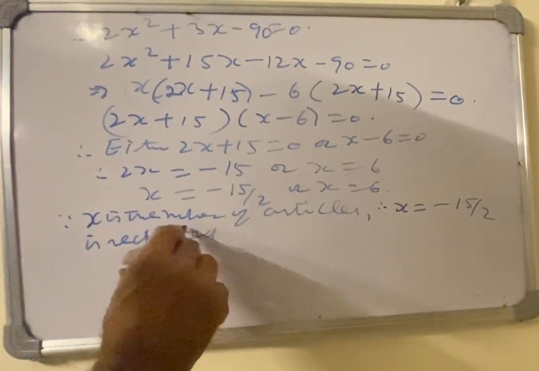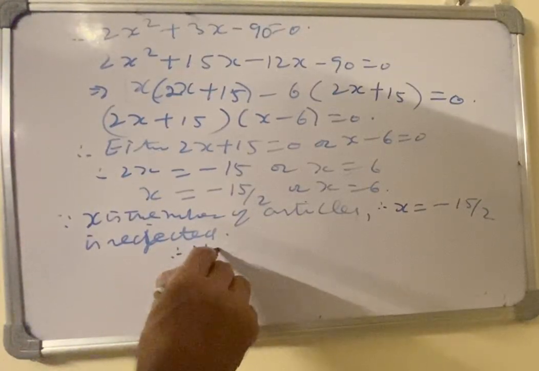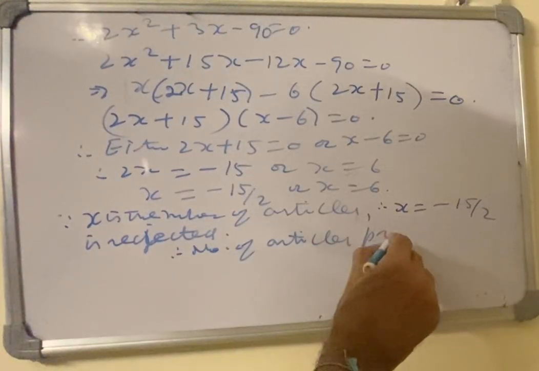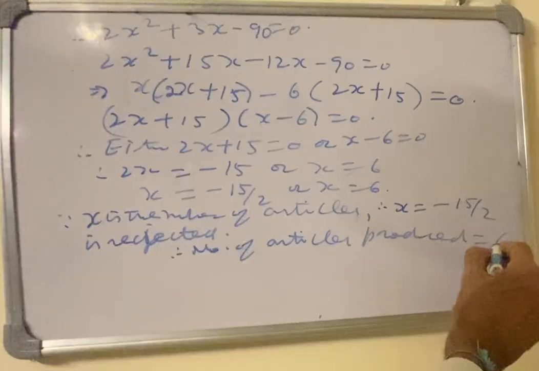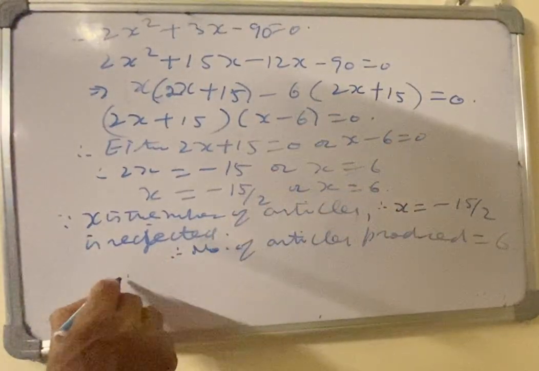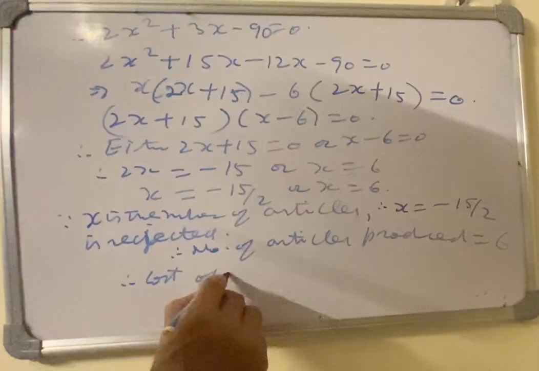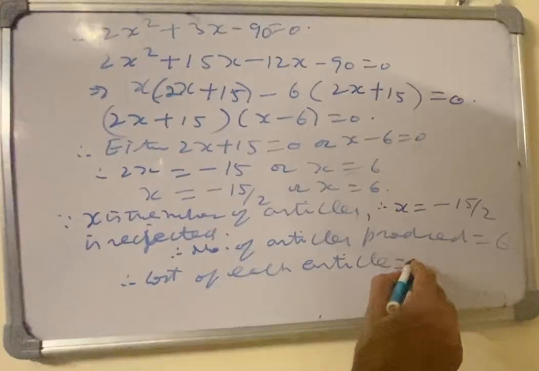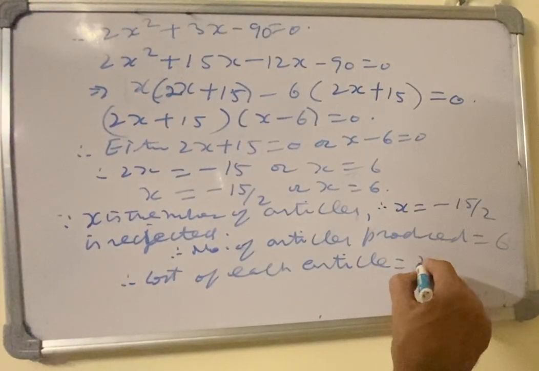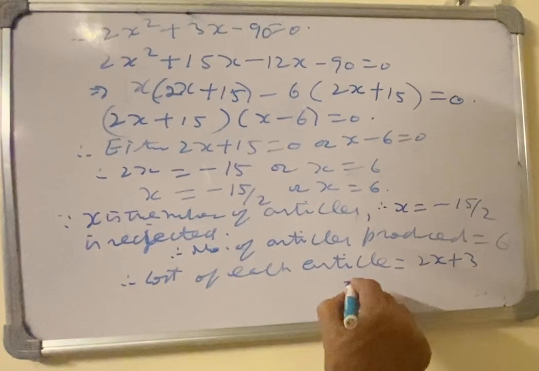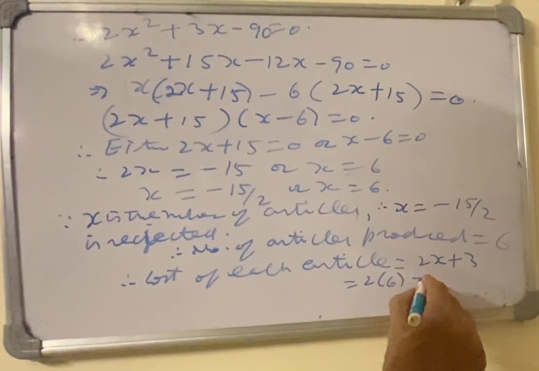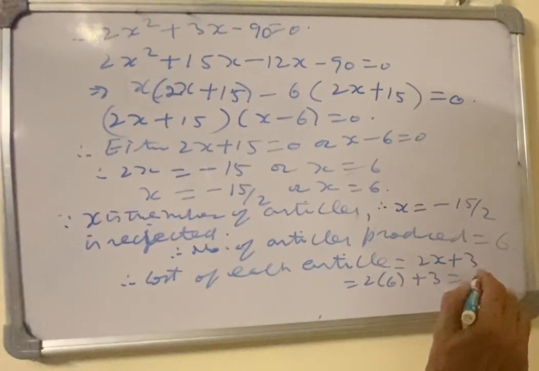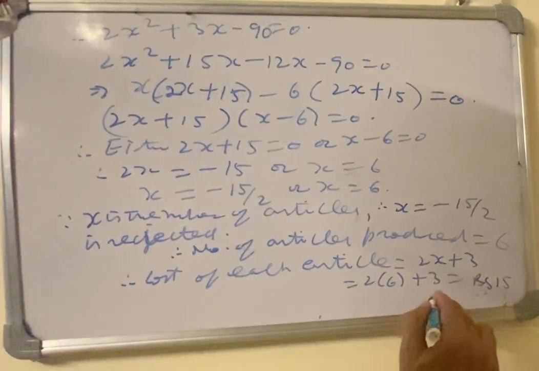Therefore, the number of articles produced is 6 and the cost of each article is 2x plus 3, that is 2 into 6 plus 3, which is 15 rupees. So this is the answer.